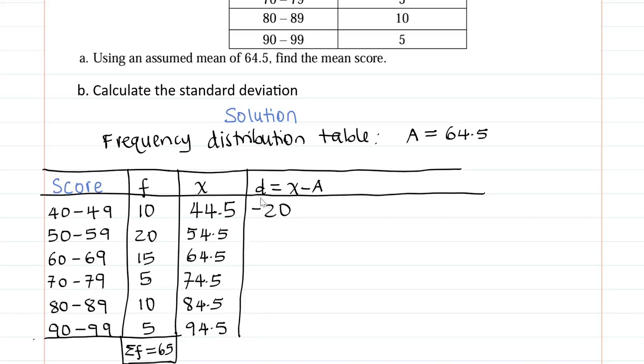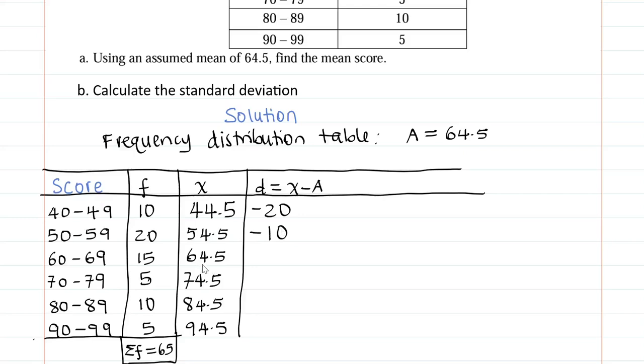And then continuing, for the second interval, the deviation becomes, our x is the midpoint. So here we shall have 54.5 minus 64.5. That gives us negative 10.